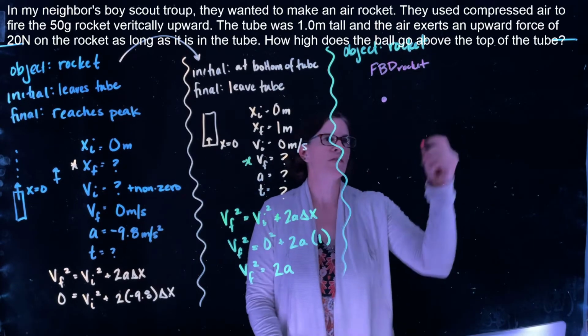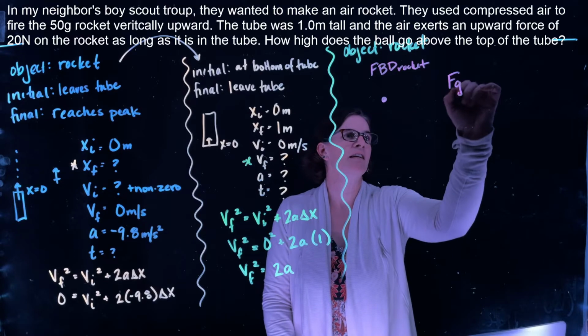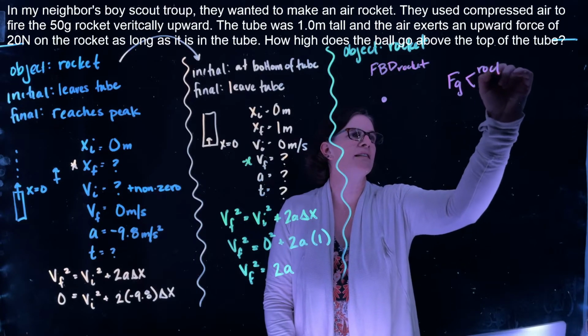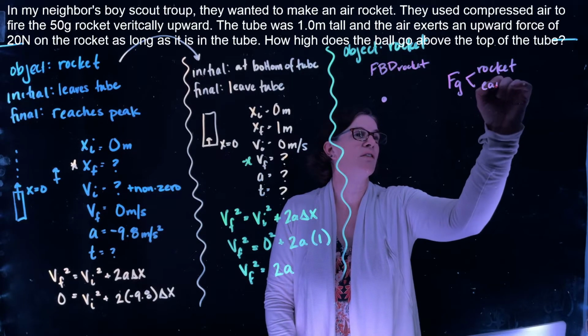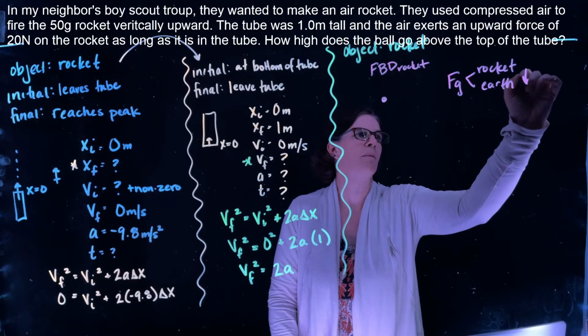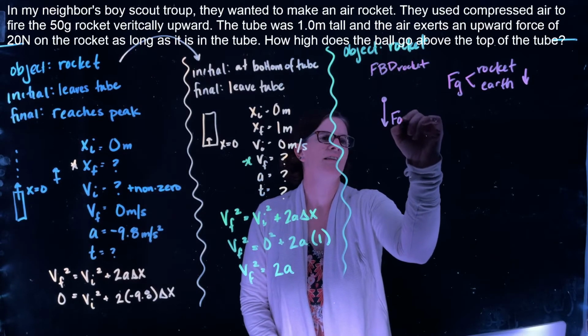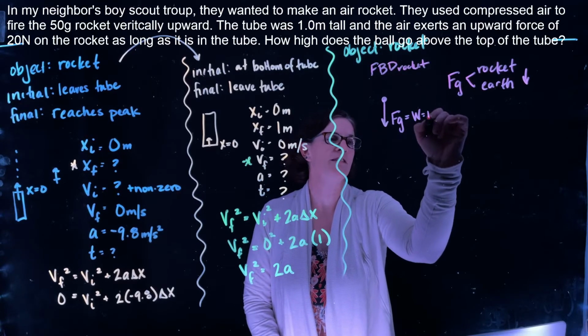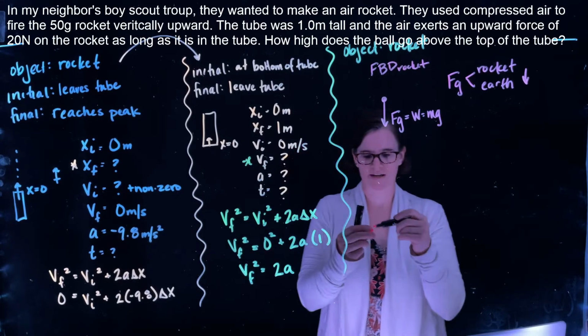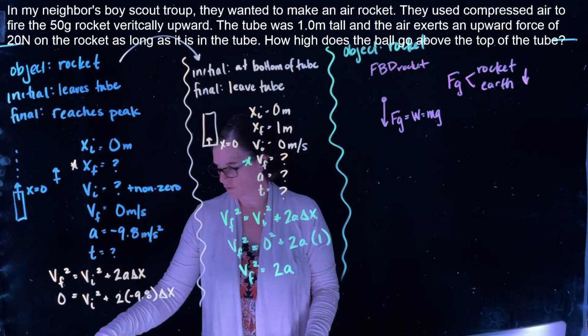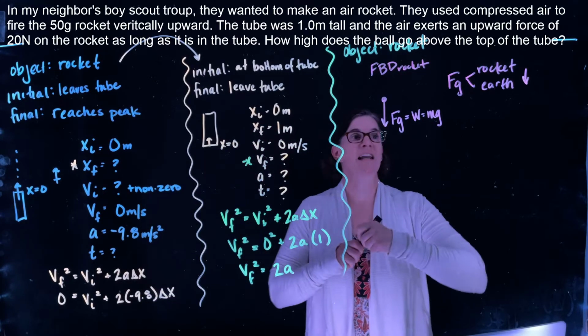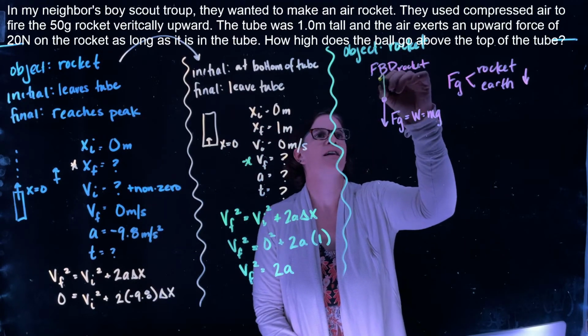So we know that there is the force of gravity, between the rocket and the earth. We know that points down, so I'll draw my force of gravity. That's equal to the weight, which is equal to mg. We also know that the air is causing an upward force on the rocket.